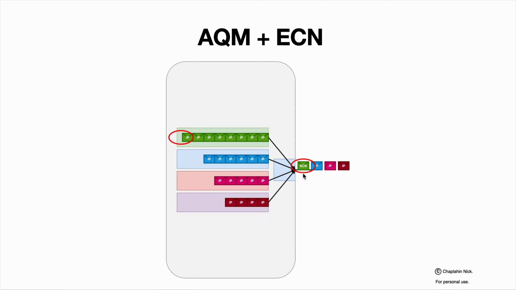So, AQM signals that the queue is almost full, and if the system supports ECN, it updates the transmitted IP packets from this queue with ECN information.